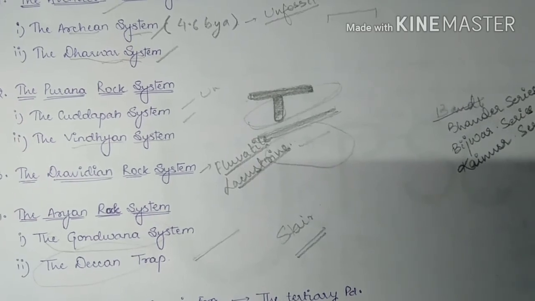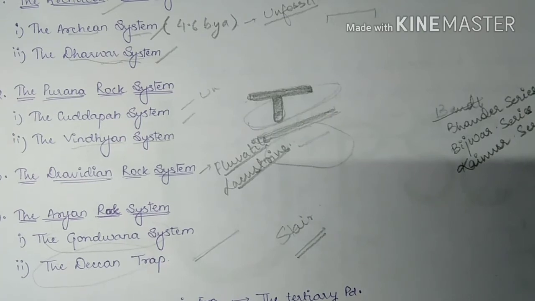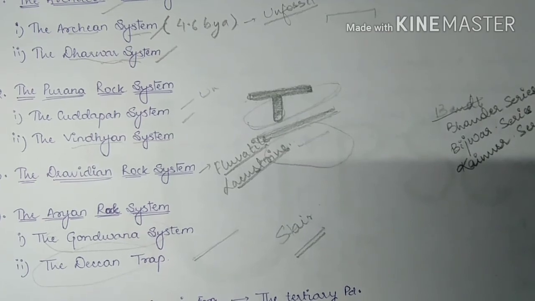Now if we talk about the strength of the rock, this rock is very hard and it's basalt, because we have volcanic rock. So the basalt is used for construction of roads and buildings because it is very hard, and these rocks are responsible for the formation of black soil.